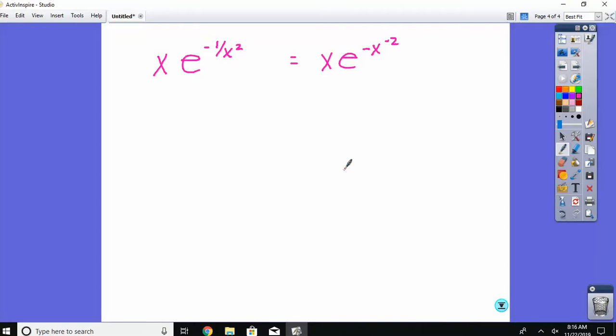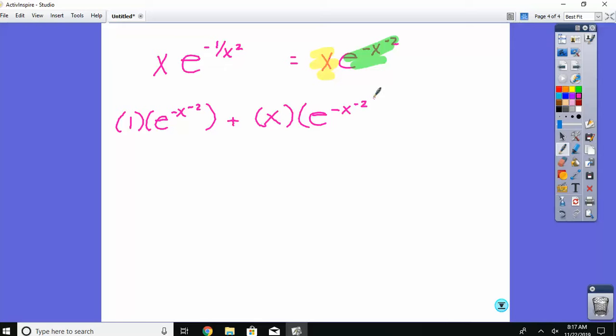X to the negative 2. So if you had that fraction within an exponent, you might just rewrite it. So here again, we have x in 2 places being multiplied together. So we're going to do the product rule. So derivative of the first, derivative of x is 1, times the second, plus the first, derivative of the second. Derivative of e to the x, or e to a power, is still e to that power.